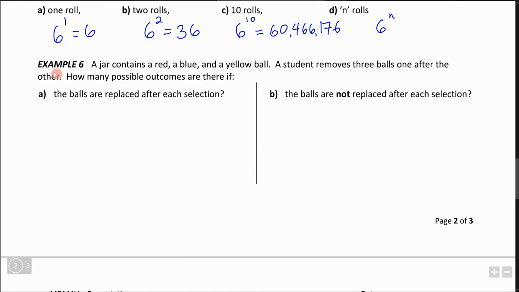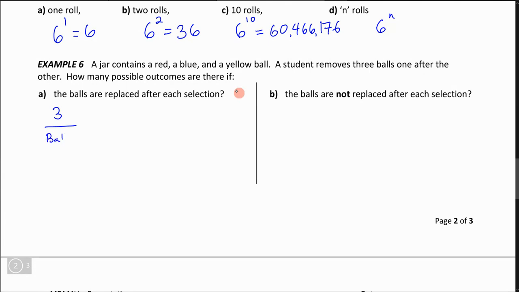Okay, so example number 6. A jar contains a red, a blue, and a yellow ball. A student removes 3 balls, one after the other. How many possible outcomes are there if the balls are replaced after each selection? Okay, so if you are going to make 3 selections, there are 3 balls.